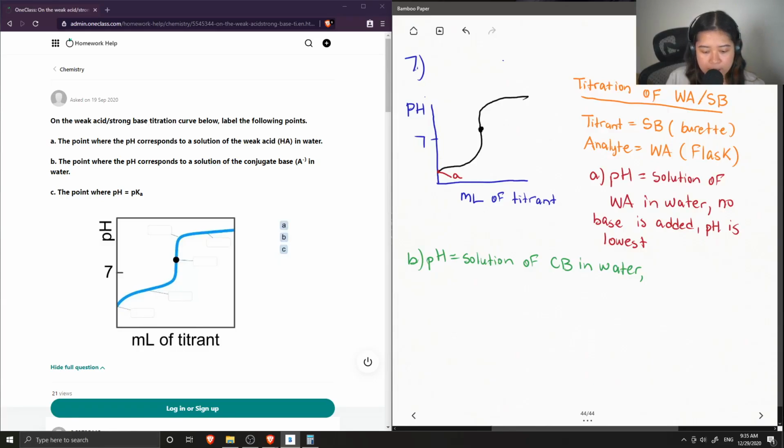So this is when the value of the pH is greater than 7, and when the slope is at its maximum, and this is also known as the equivalence point.